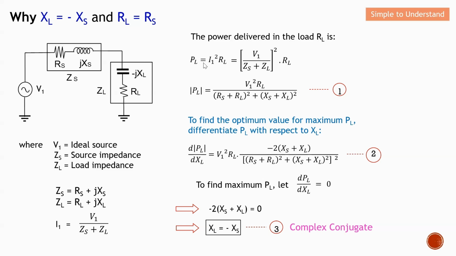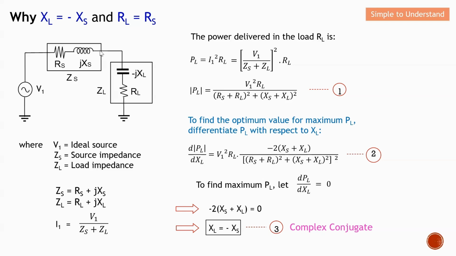Next, I need to calculate the power that is delivered to RL. This is the real power that is the key concern to obtain maximum power transfer. I need to calculate how much power can be delivered to RL. If you still remember, power is equal to I squared R, the current squared multiplied by the resistor value.